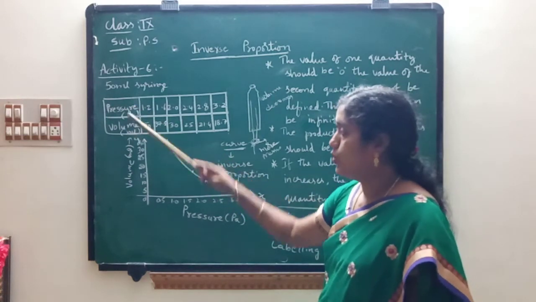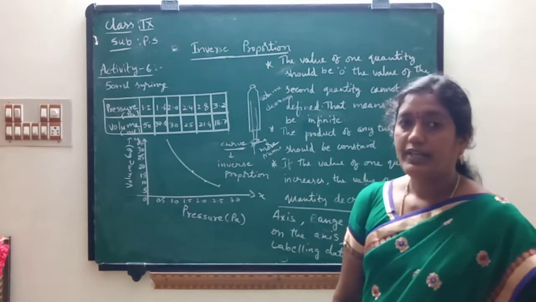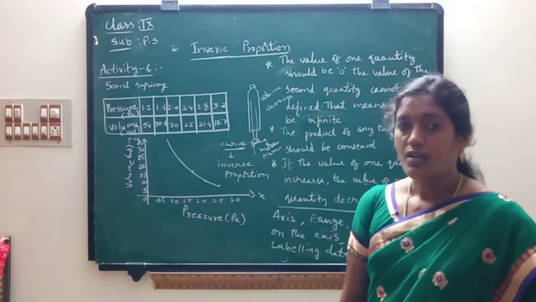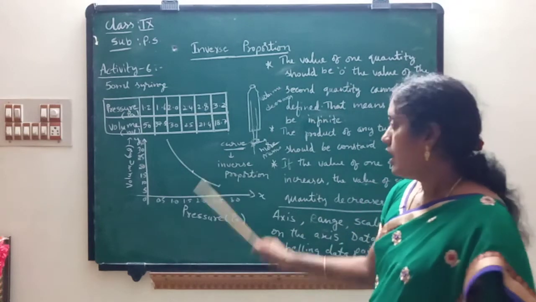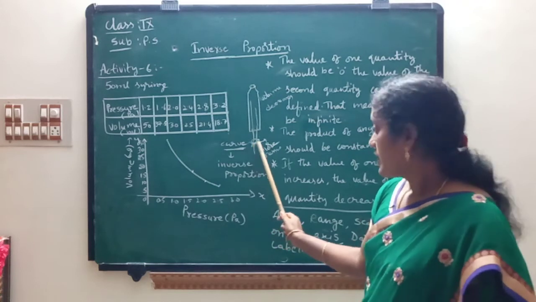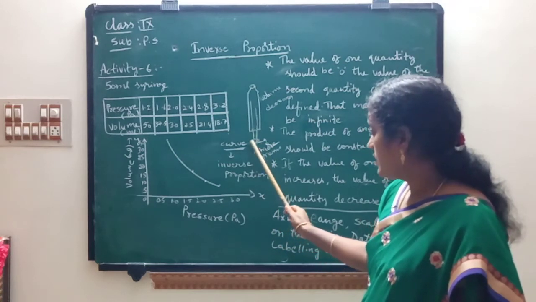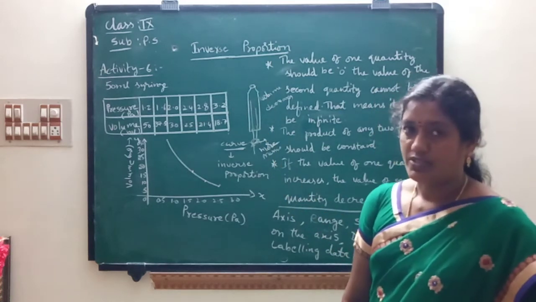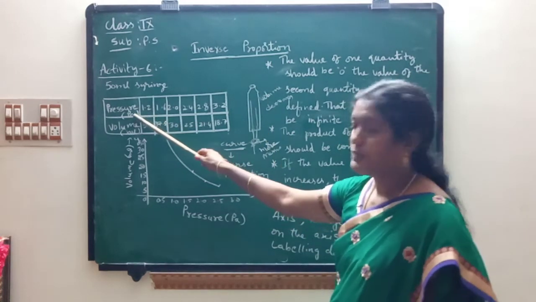In these two, which one is the independent variable, children? Pressure is the independent variable, because how much pressure we push the plunger into the syringe with is our wish. So we can fix these pressures.